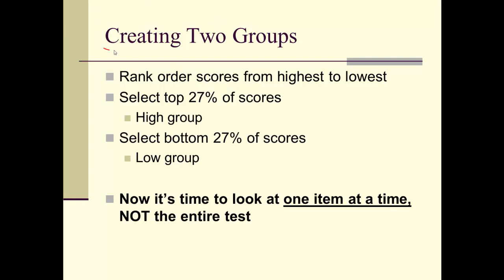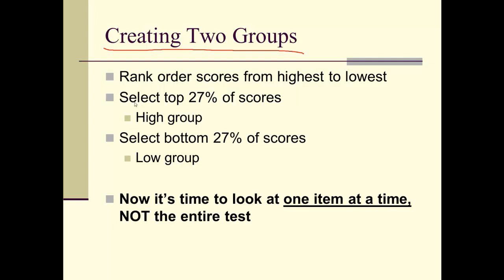We take our 2 groups, our high and our low, and we rank order the scores from highest to lowest. All right? We take the highest score. If 20 people took the test, we take the highest of those 20 and just write them down from highest to lowest. Simple thing to do.